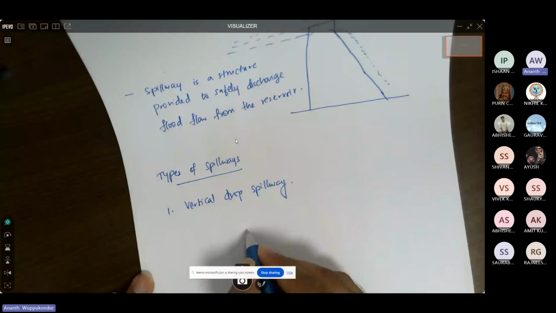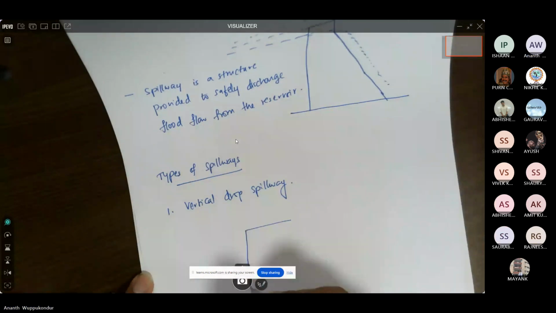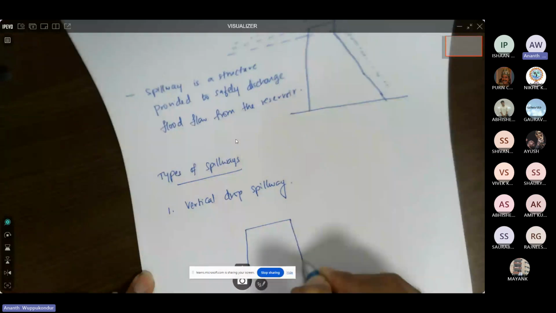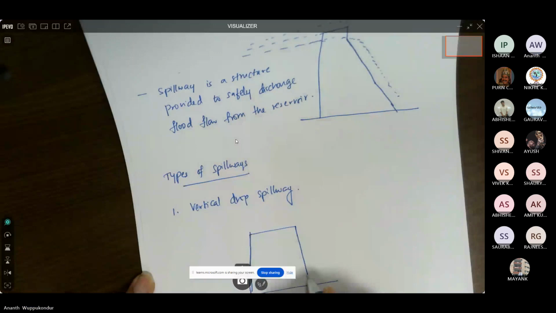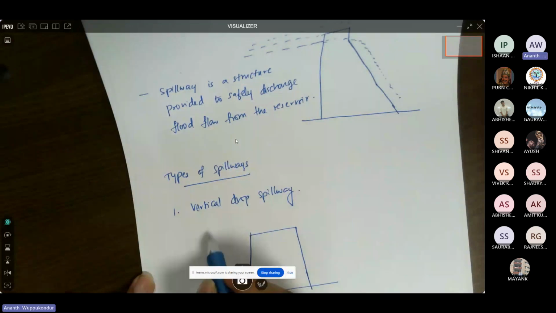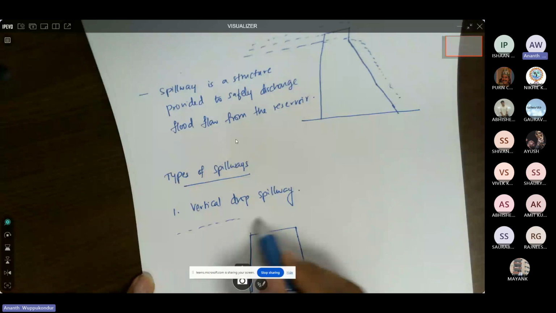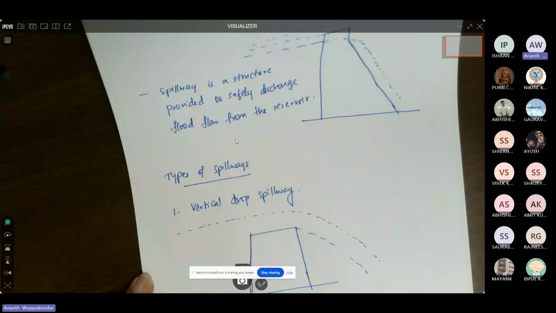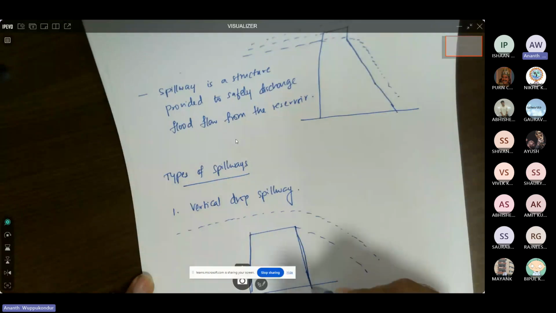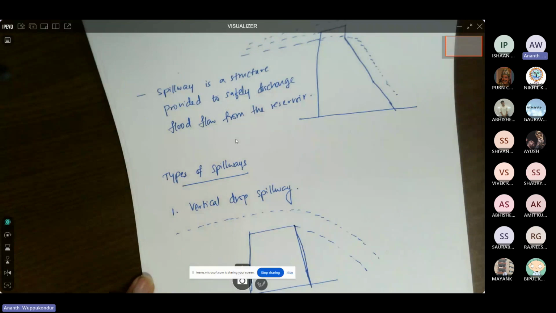Let's say this is our weir, which has more or less vertical face on the upstream and more or less vertical face on the downstream. Then whatever the flow is coming is going to go on top of this weir like this. So just a drop on the downstream side. We are not providing any streamlined structure.